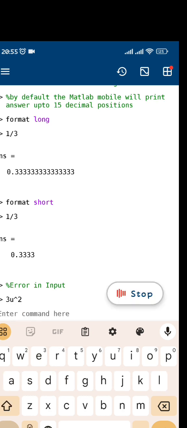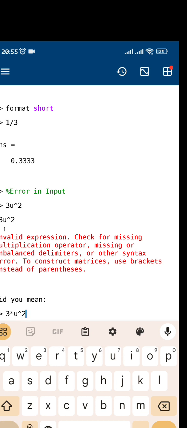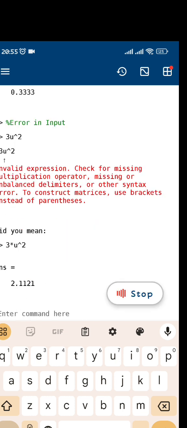If I press enter, you can see this is an invalid expression. It means that you didn't assign the symbol, which is the multiplication, that will tell MATLAB that you have to multiply 3 with u. So it has also given you the suggestion: 3 multiplied by u square, is that what you need? If I run this, now it can give you the answer, and it took the u value which was previously given in this video.